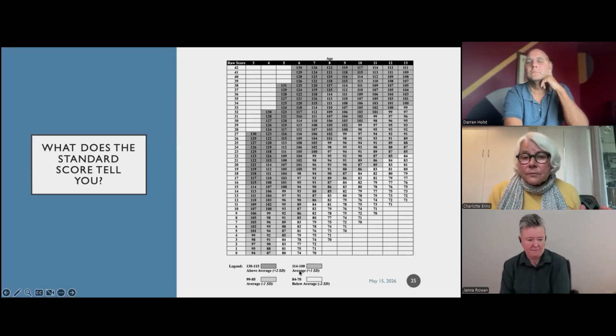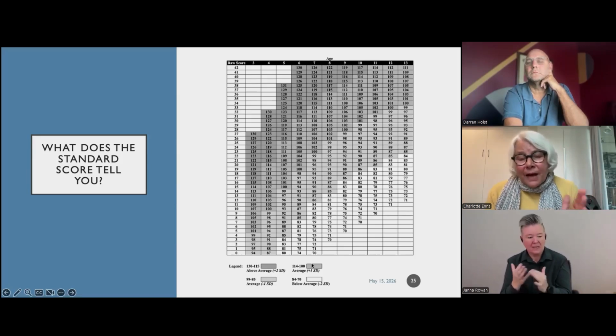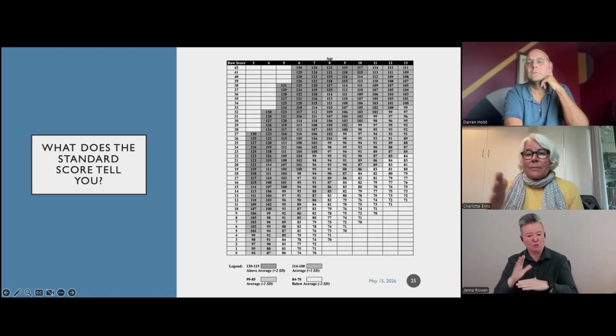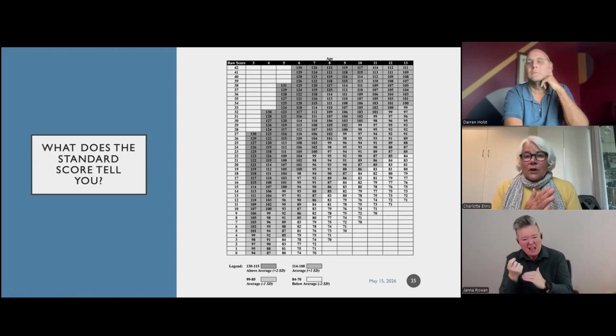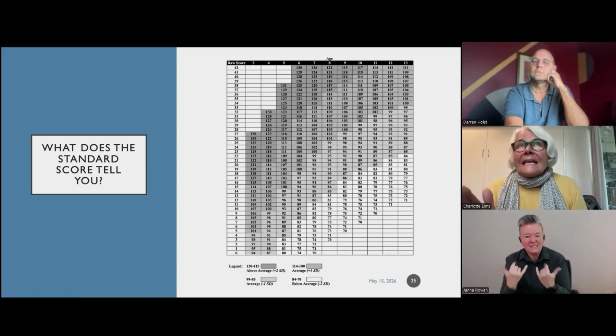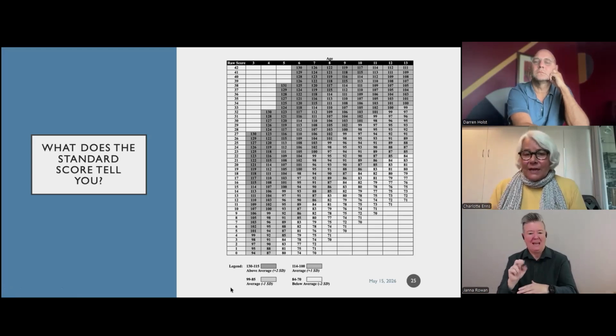So average is going from 100 down to 85 and up to 114 actually. So those are both in the average range, above and below, slightly below the mean, but still in the average range.